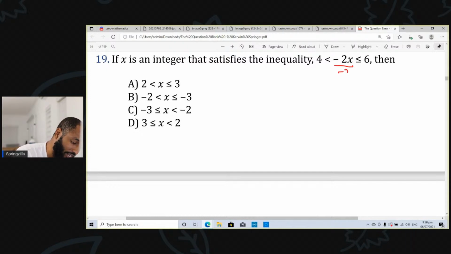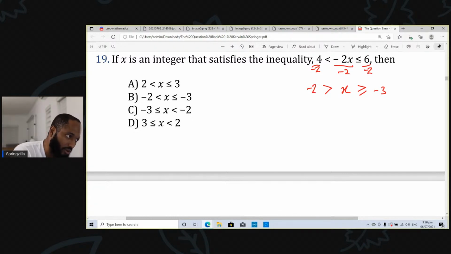So I need to divide this by -2. What will happen is that the signs will turn around. When I divide this by -2, this will get divided by -2 as well. This will turn to -3. The rule says when you divide by a negative number, the sign turns around.